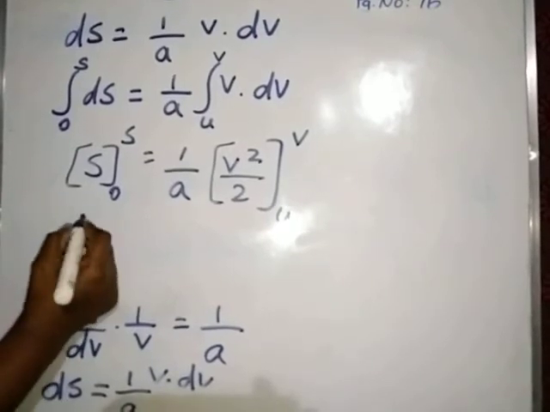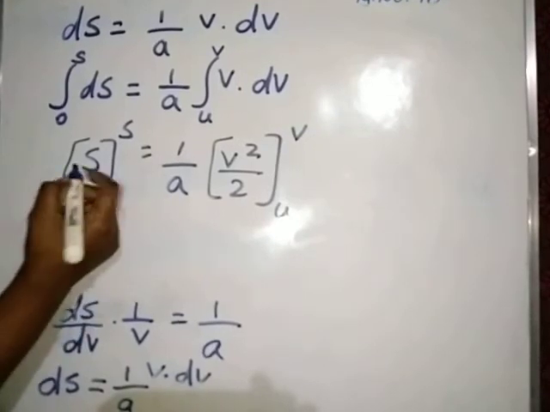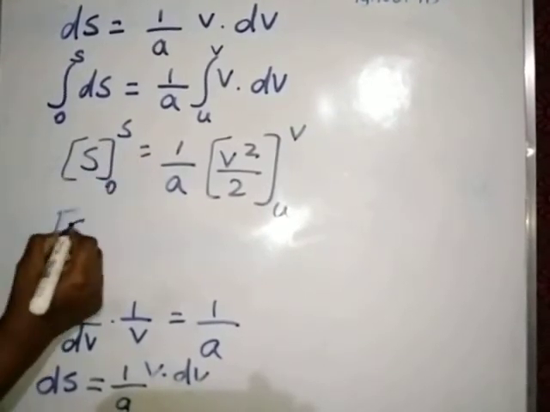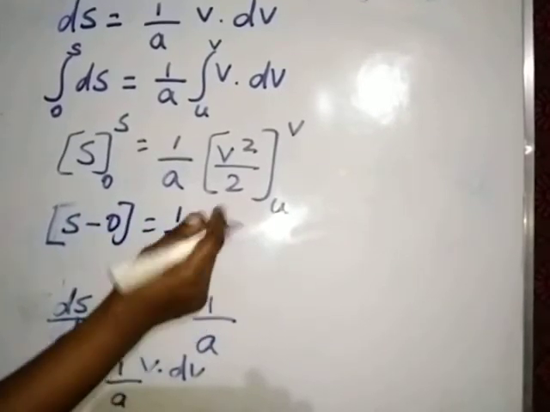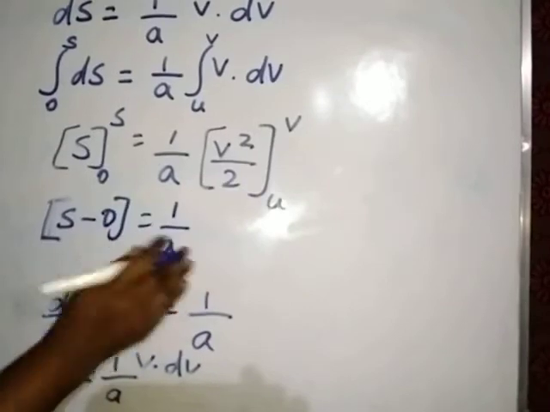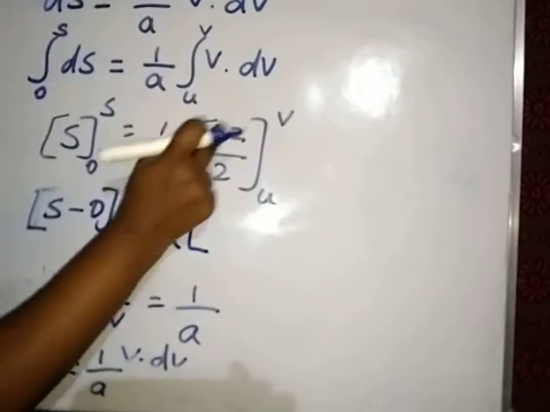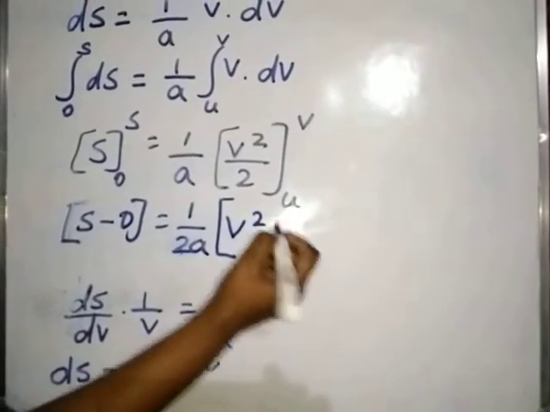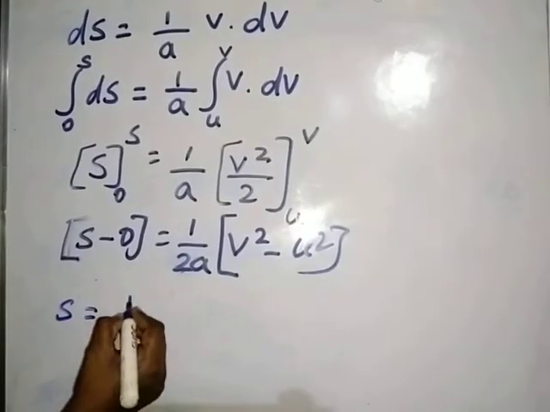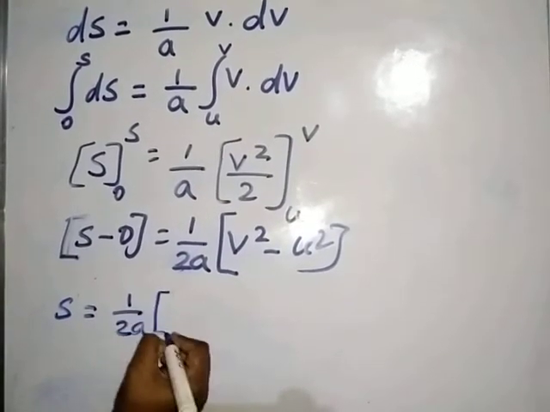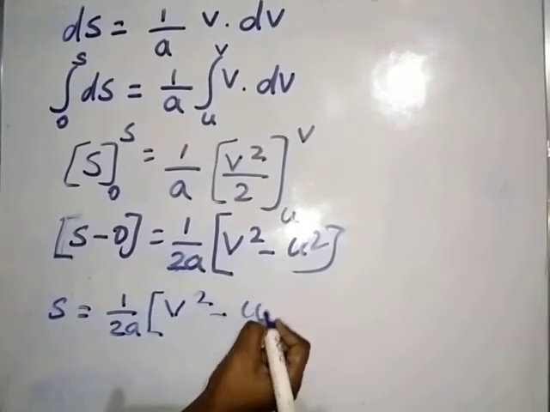Upper limit s minus lower limit 0 equals 1 by a. We can take this 2 outside, so 1 by 2a into upper limit v squared minus lower limit u squared. So s equals 1 by 2a into v squared minus u squared.